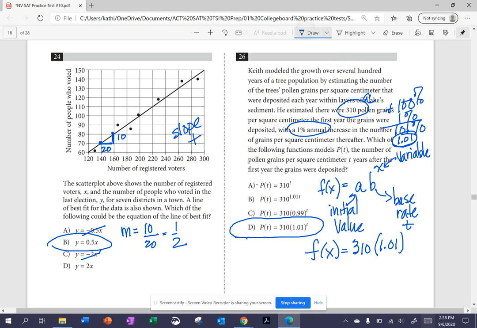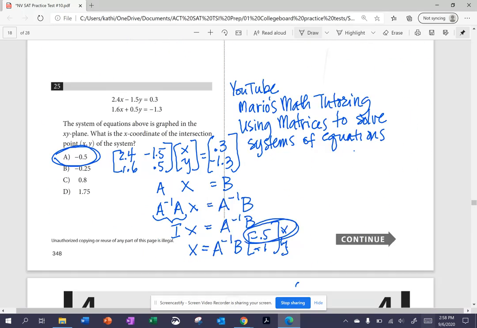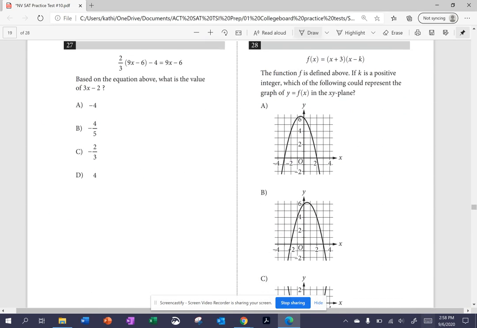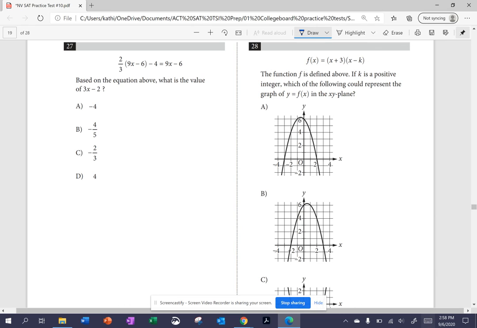All right, 27. Based on the equation above, what is the value of 3x minus 2? So make sure we answer the question. So I have a linear equation that starts with a fraction. So the first thing I want to do is clear my fraction. I'm going to multiply by what's in the denominator here.